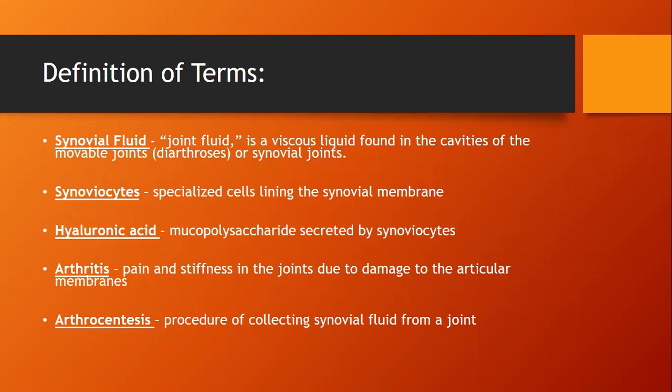So synovial fluid, also termed in simpler terms as joint fluid, is actually a viscous liquid found in the cavities of the movable joints or synovial joints. Basically, the substance responsible for it being viscous is hyaluronic acid.